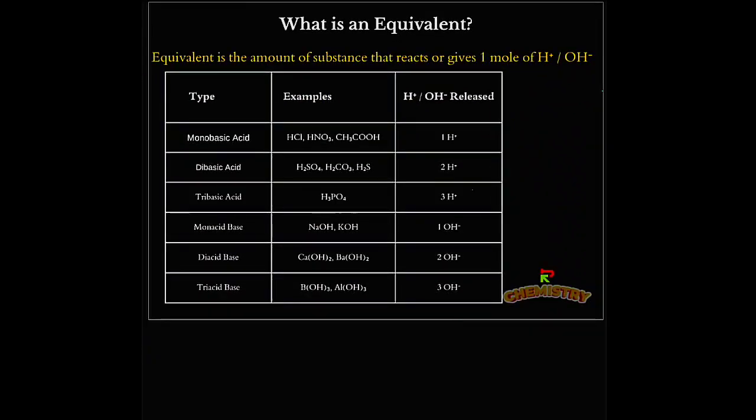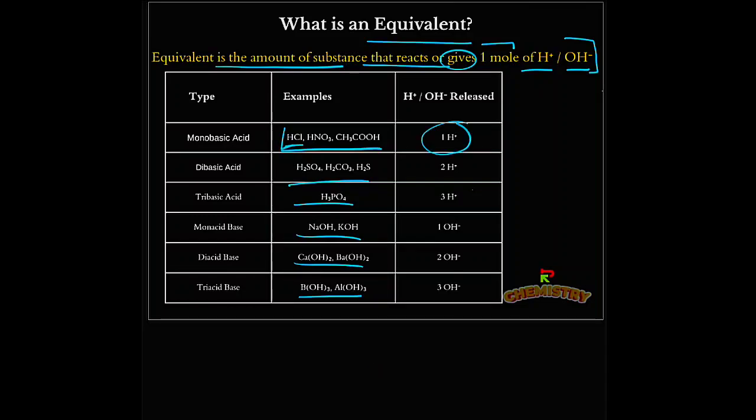Now, to understand normality, first we have to understand what an equivalent is. An equivalent is the amount of substance that reacts with or gives 1 mole of H plus or OH minus. In the table you can see we have taken some acids and some bases. If an acid like HCl gives 1 H plus, its equivalent will be 1.